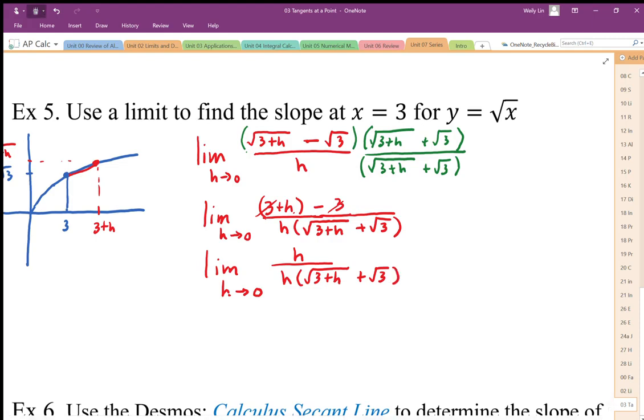The h's cancel out in this step. So we're left with just 1 in the numerator. So limit as h approaches 0.